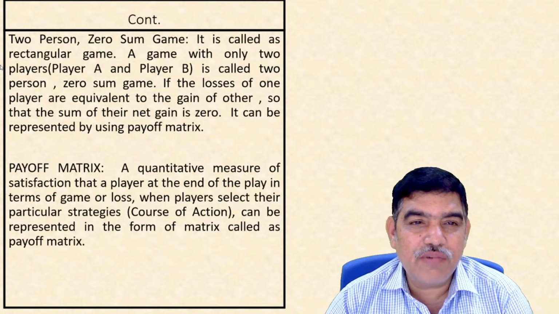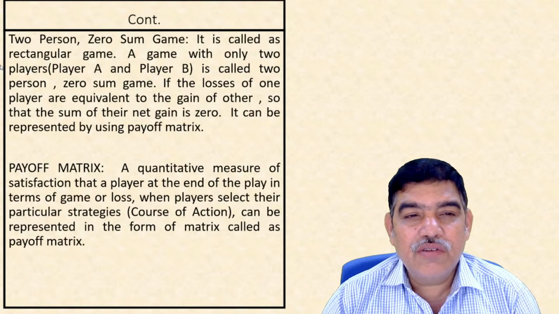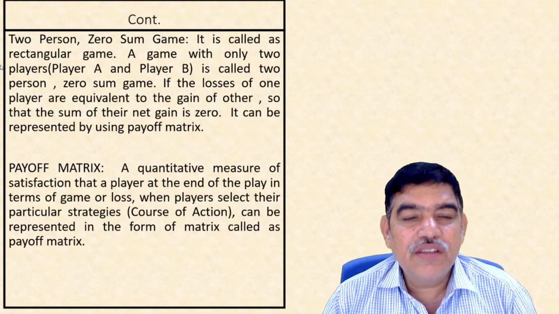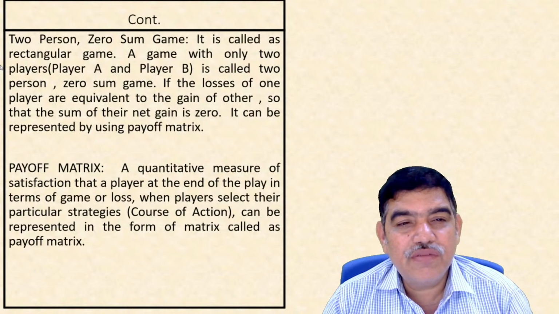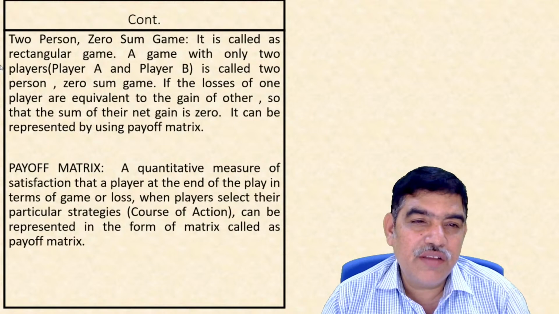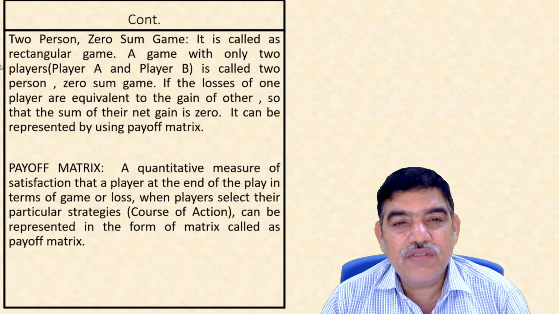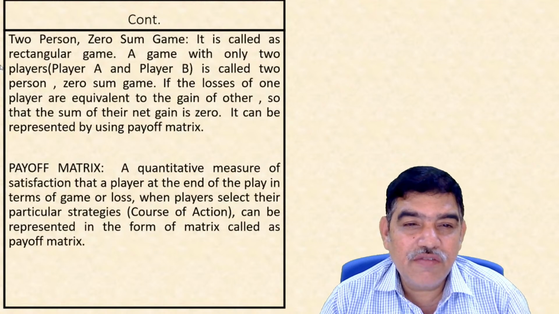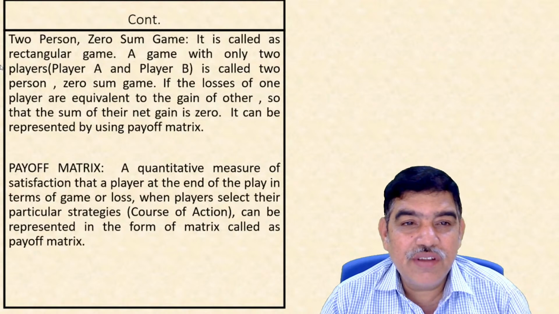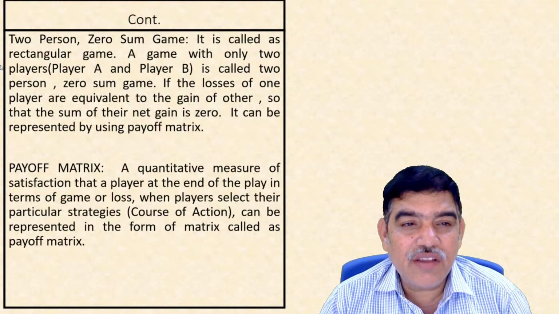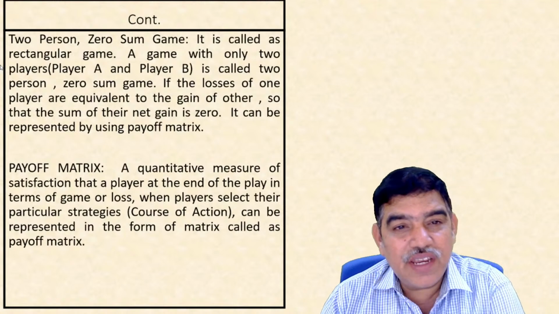Let us consider one example here. There are two competing companies. One company sells 10 items, and the competitor company manufactured 10 items, but they are not sold. So the competitor company faces 10 losses, while at the same time the other company gains the same 10 items.